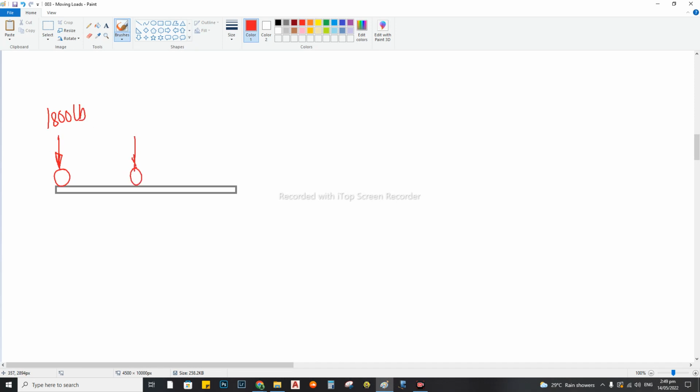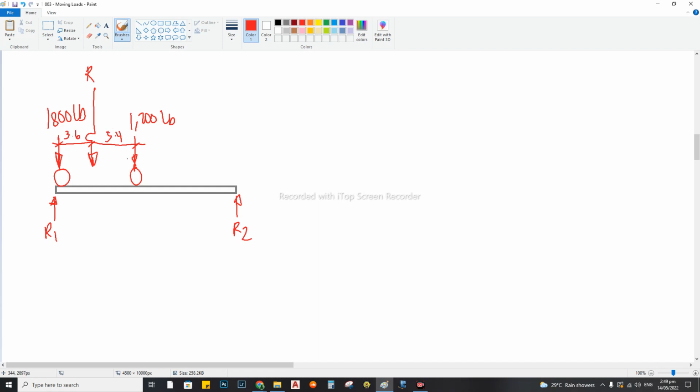Then natay, pila to? 1,200 pounds. So we have reaction 1 and reaction 2. So the resultant force are here. So on this side we have 3.6 feet and then 5.4 feet.